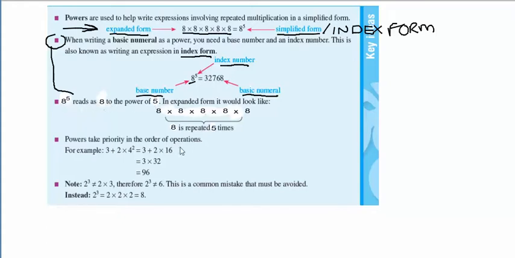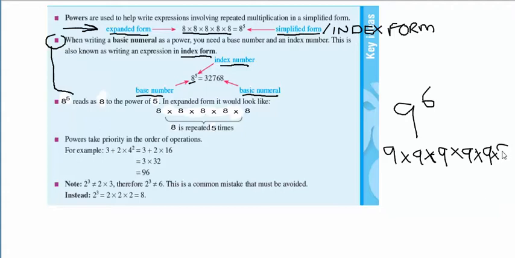If I asked, for example, how would you write 9 to the power of 6? That's the index form or the simplified form, or you'd have 9 times 9 times 9 times 9 times 9 times 9, 1, 2, 3, 4, 5, 6.